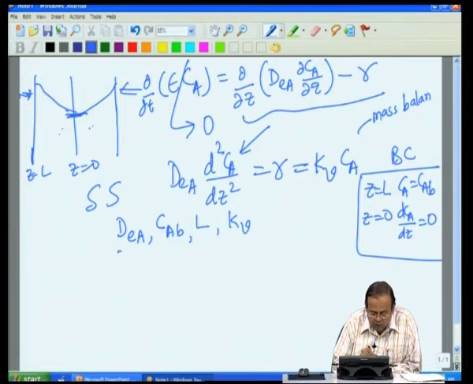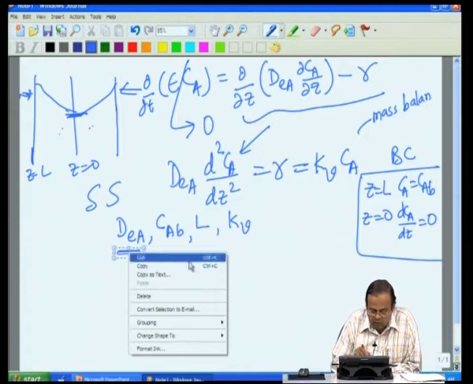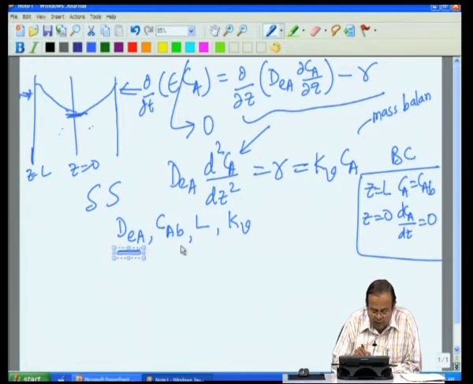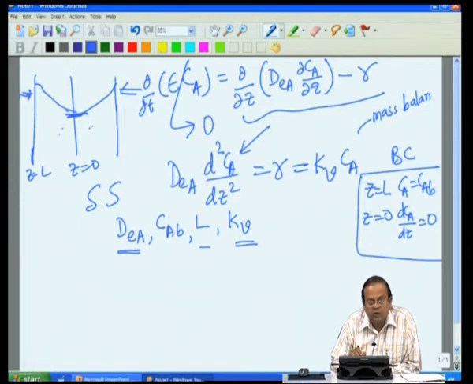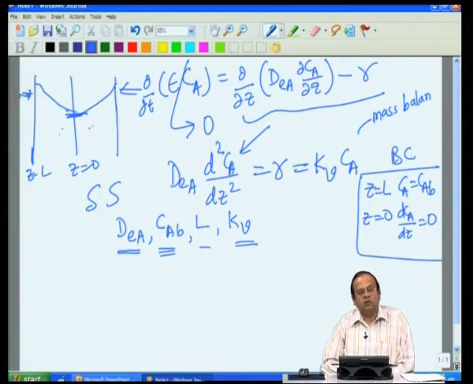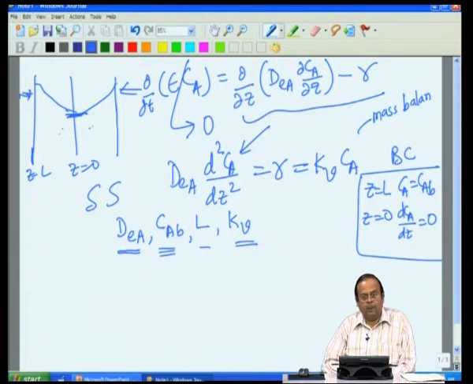This is a characteristic of the pellet, that is the material. This also in some sense is a characteristic of the pellet. This is the characteristic of the reaction, and this is also part of the reaction, that is the bulk concentration that is present.